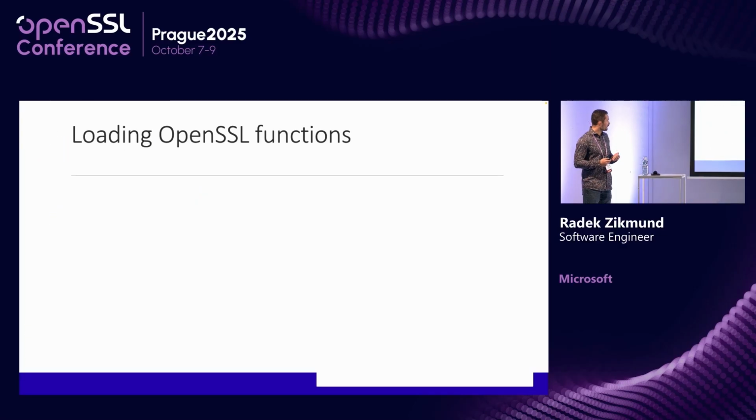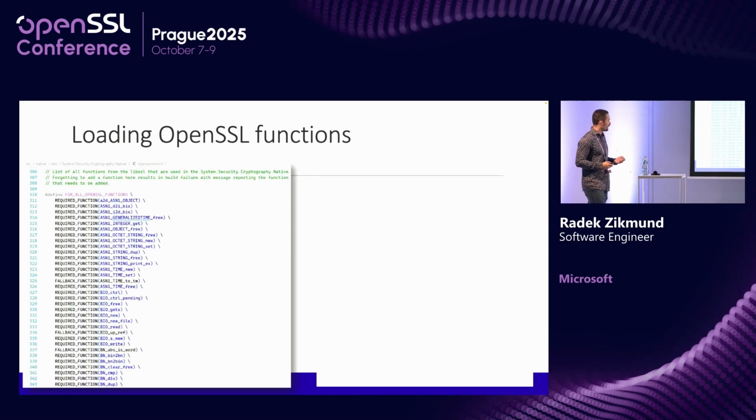So now we have loaded the DLL into memory. We have a pointer or handle which we can use, but so far we don't have any functions available to us. No function pointers are loaded yet. And that is where most of the machinery is.